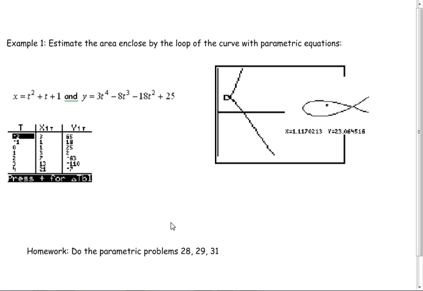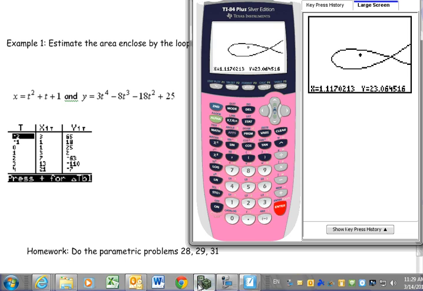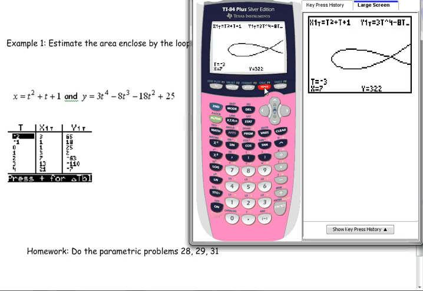So you're going to do the best you can. I do a trace, t is negative 3, I go to the right.